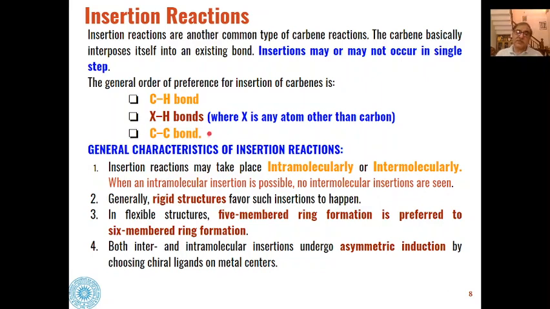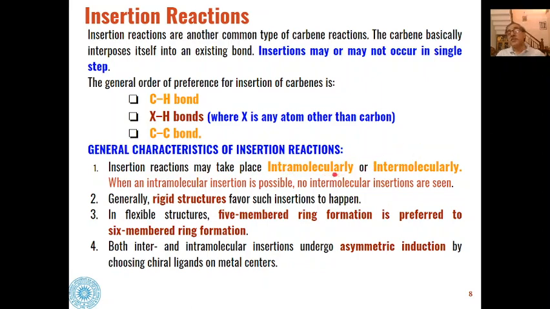And the third preference is for the carbon-carbon bond, which is a very low possibility, but most common is carbon-hydrogen bonds. And the general characteristic of these insertion reactions is that they may be taking place intramolecularly or intermolecularly.